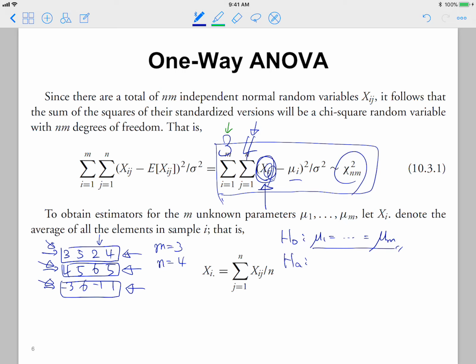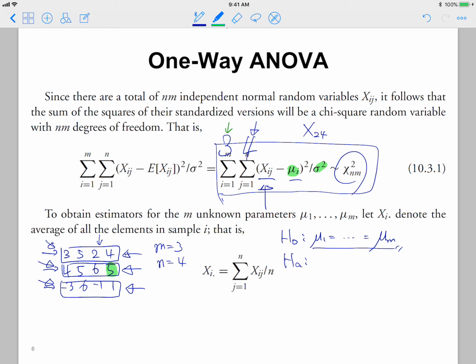In order to test this, we first computed some variance-like measure. In this equation, x with i being 2 and j being 4 means this individual sample. For each observation, we subtract its own true mean value, and then divide by sigma squared.